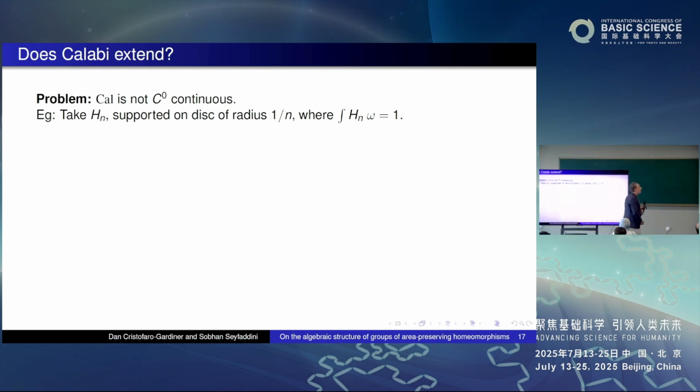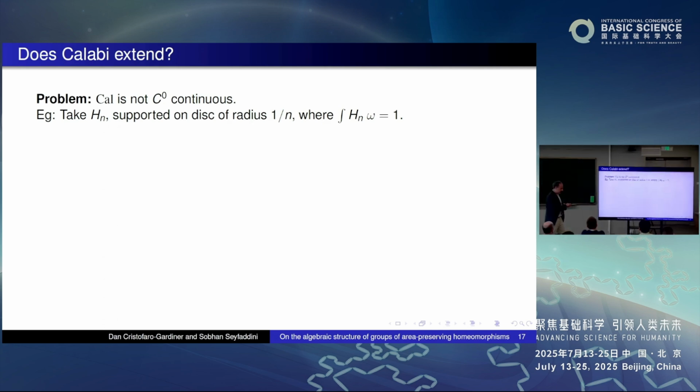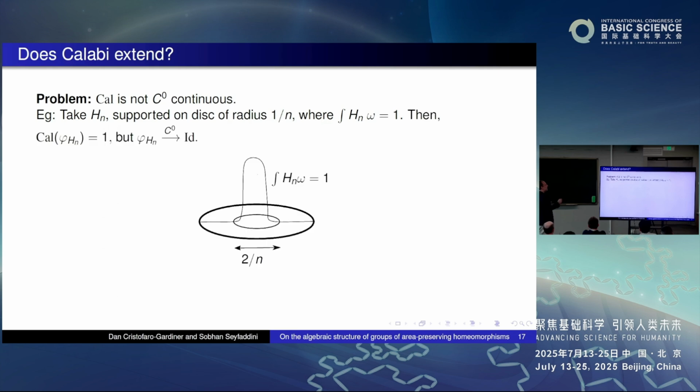There's a simple example for why this is not C0 continuous. I guess that has been known to mankind for years. Remember, the Calabi invariant is just the integral of the Hamiltonian. So you could imagine taking a Hamiltonian with total mass 1 that is getting more and more concentrated along the origin.